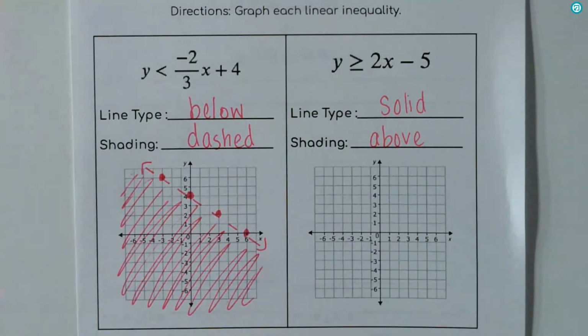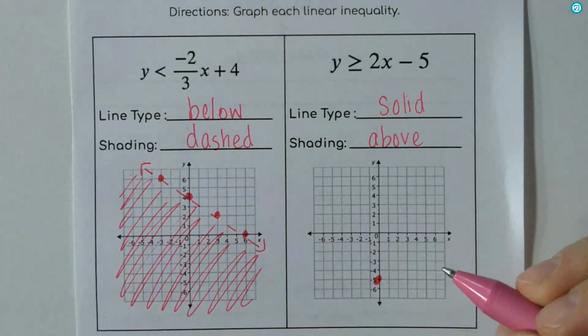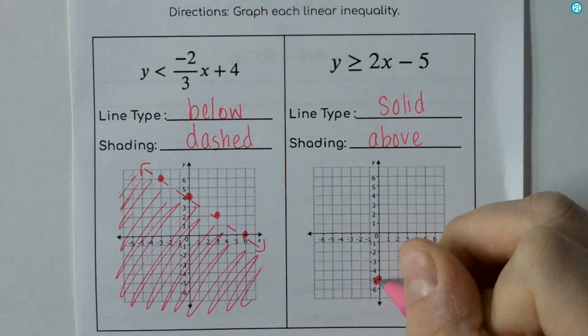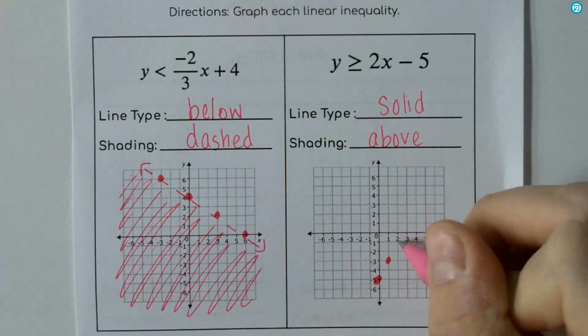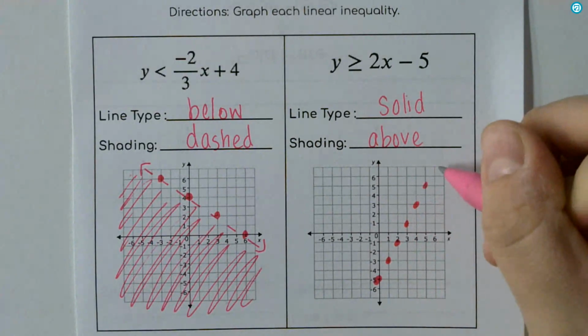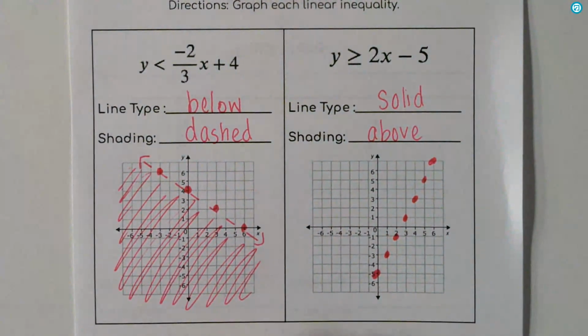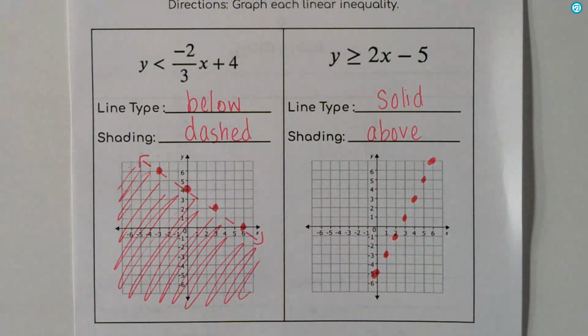Okay, so I start my line at -5, and I graph a slope of 2. So I go up 2, right 1, up 2, right 1, up 2, right 1.